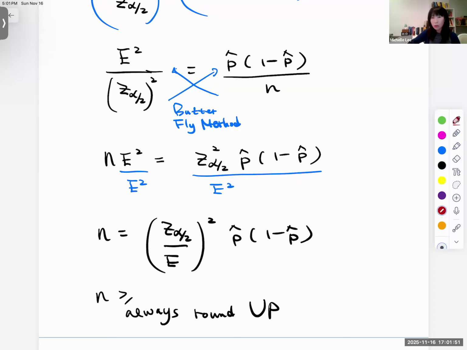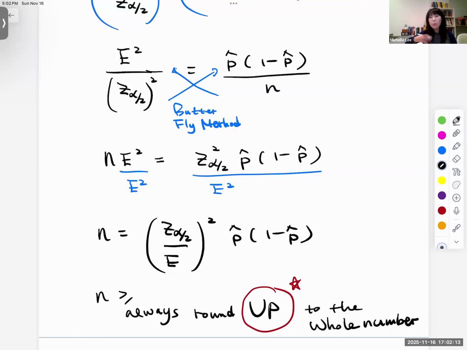It's not round off. Round off means either up or down, but round up means always up, to the integer, to the whole number, because a bigger sample size is better, right?